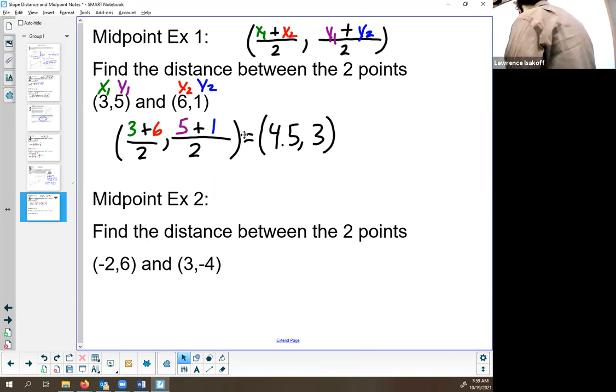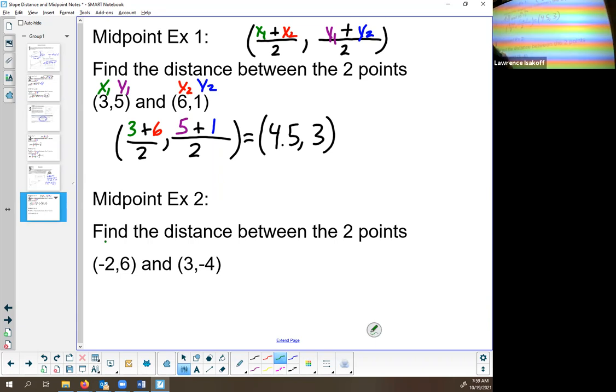Last example here. Again, label it x1, y1, x2, y2.